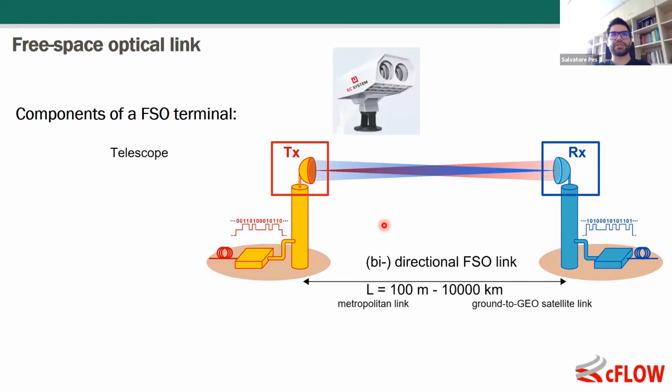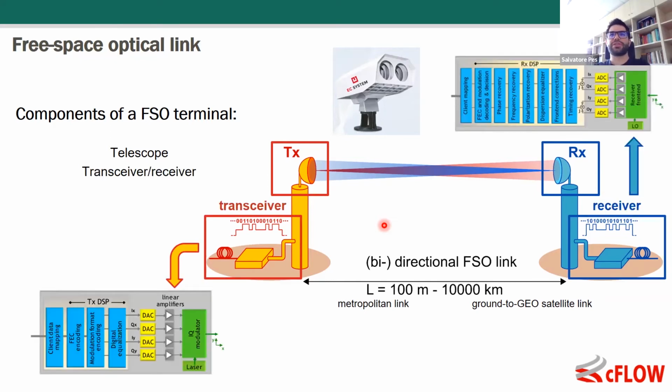For the transmitter and the receiver, we have a telescope whose job is like the array antenna of an RF link, and a transceiver or a receiver. The transceiver imprints the bits on the optical carrier, and on the receiver side, we just read them.